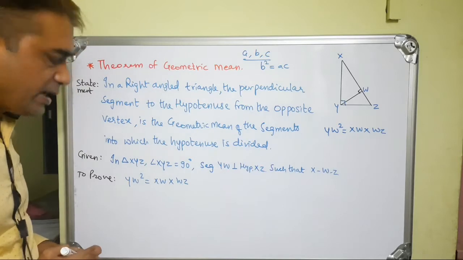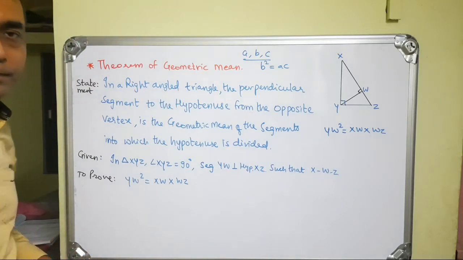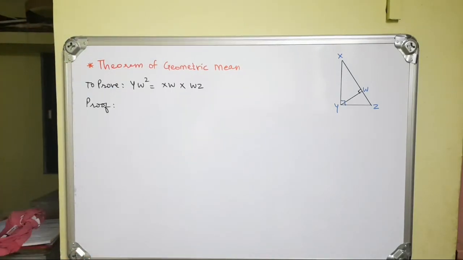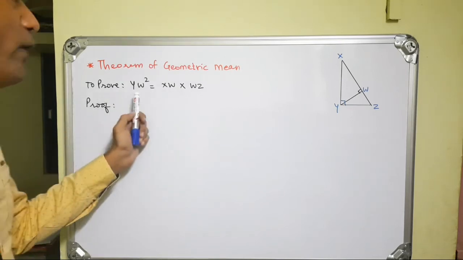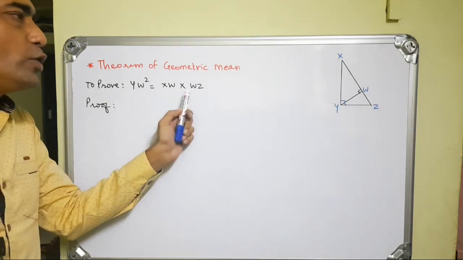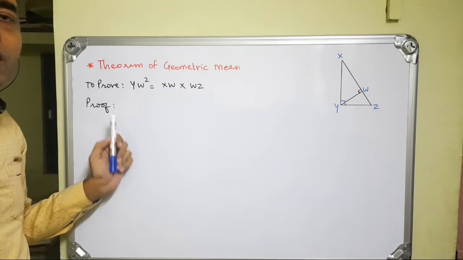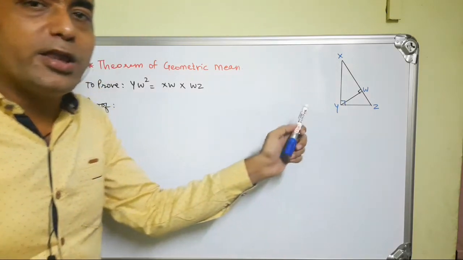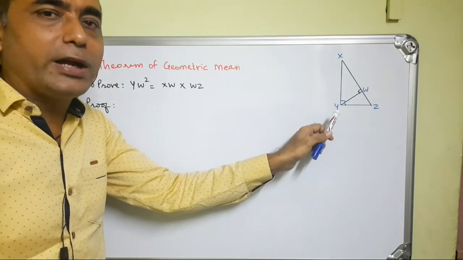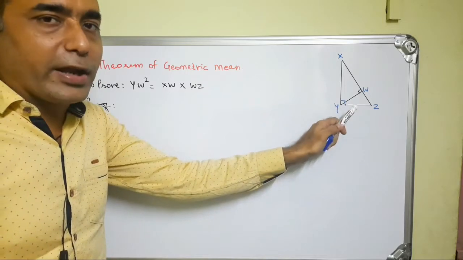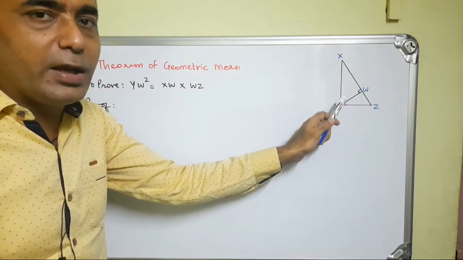Now let's see how to prove it. We have studied in the previous video about similarity in right angled triangles. Which triangles are similar here?